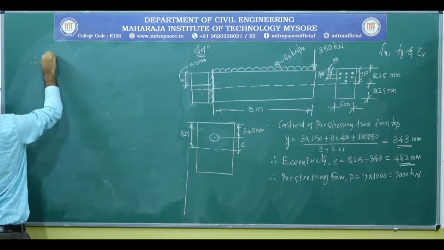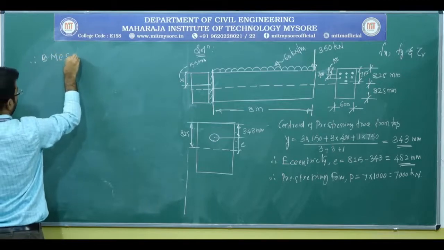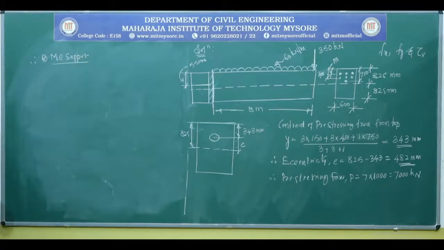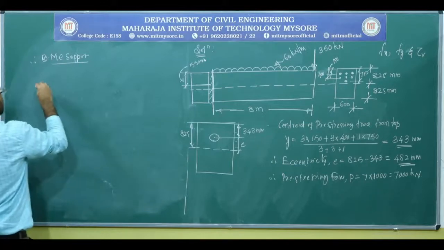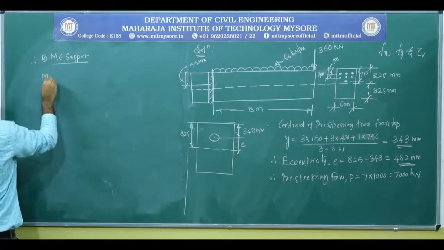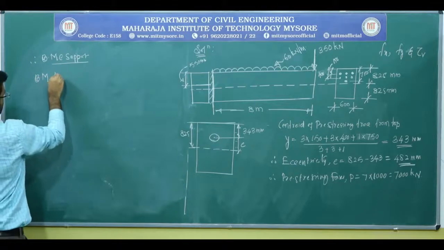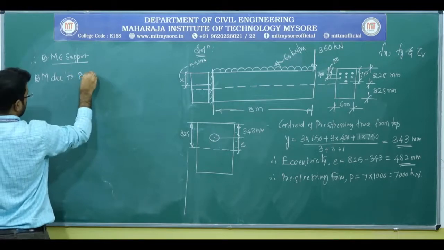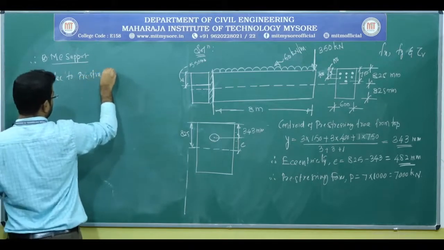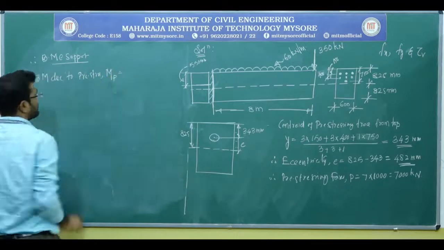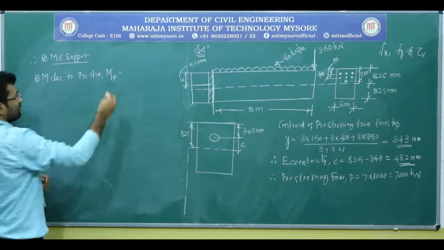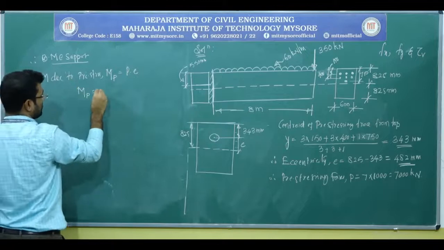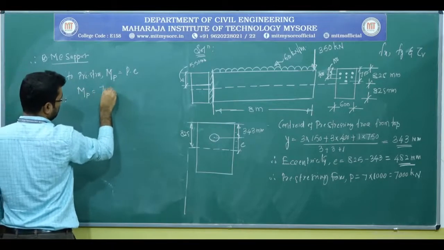Therefore, bending moment at support, first of all is the bending moment due to pre-stressing force, due to pre-stress. Let us call this MP. So we know that the bending moment due to pre-stressing force is P into E. MP is equal to, P is 7000 kilonewton.